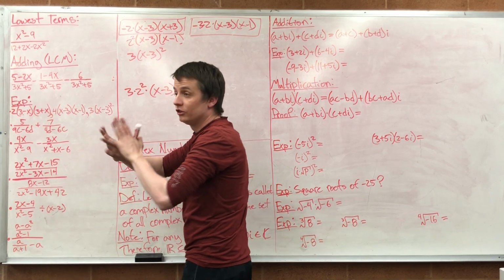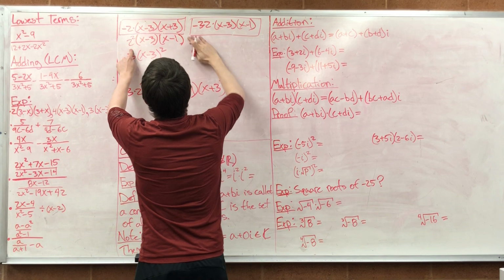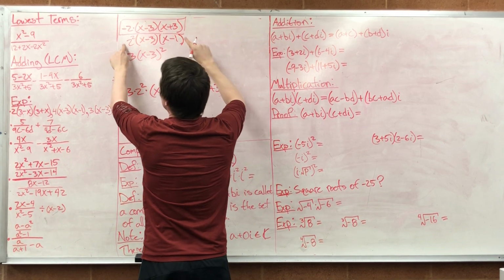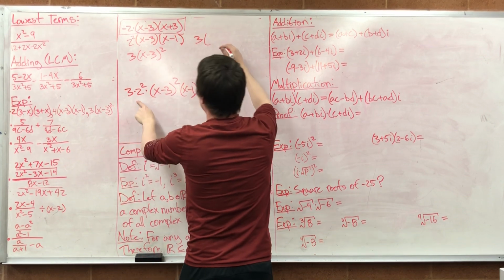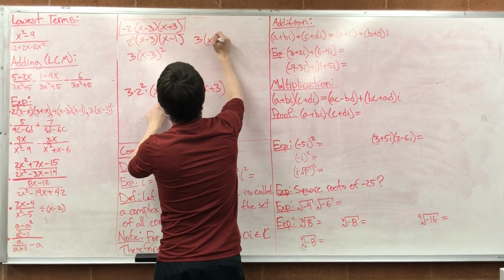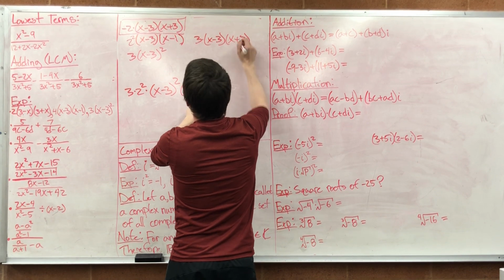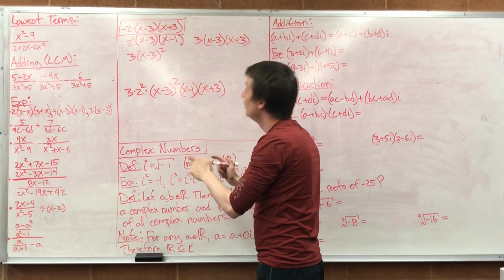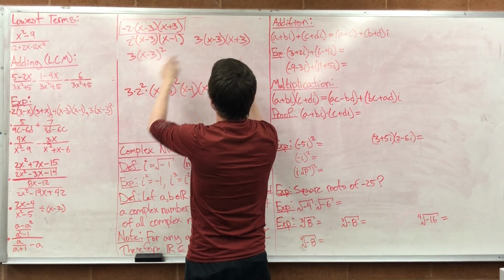Okay, so you're good with that. Stop. Now we look at this one. For this term, what do I need to multiply it by to get this? I need to multiply it by a 3, and it needs another x minus 3, and it needs an x plus 3. And it needs a negative 2. No. In order for me to turn this into this, I need to multiply by this.